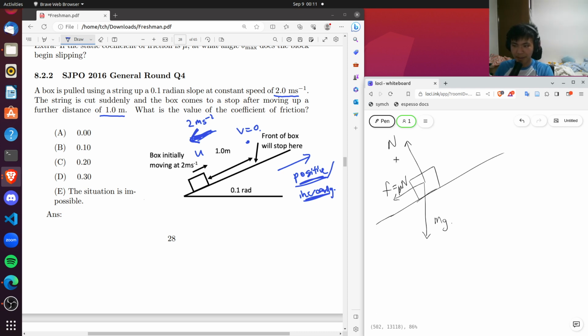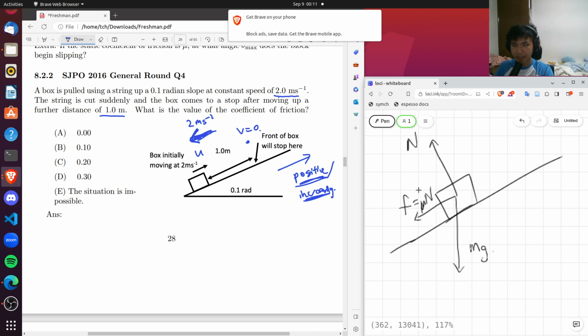But in this case, the object is already sliding up. So friction has already failed at its job, and the very least it can do is try its best. Trying its best means being maximized as mu n.